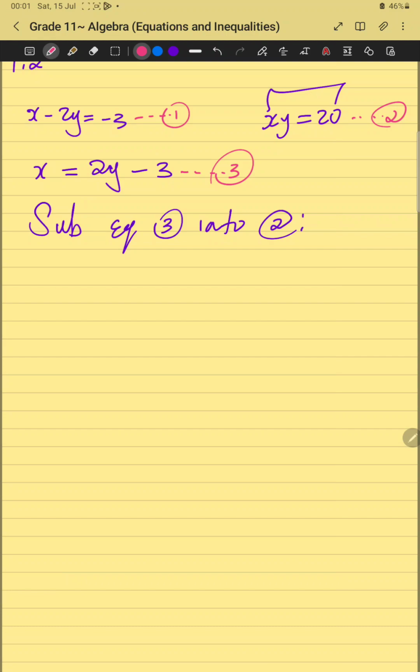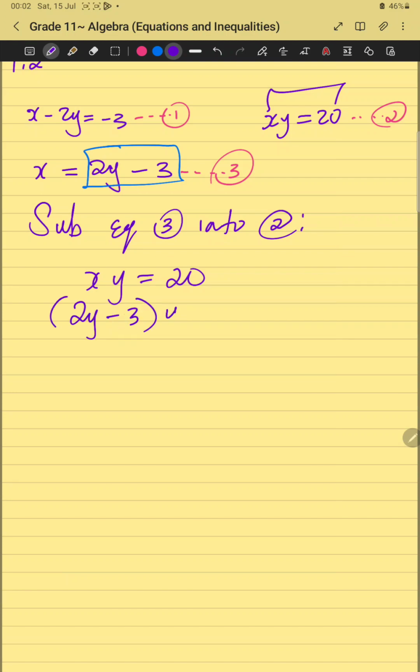So now let's copy that equation as it is, and then we're going to work it out. In the place of x, I'm no longer going to write x in this equation, but I'm going to put 2y minus 3 in the place of x. So it must be y times 2y minus 3 is equal to 20.